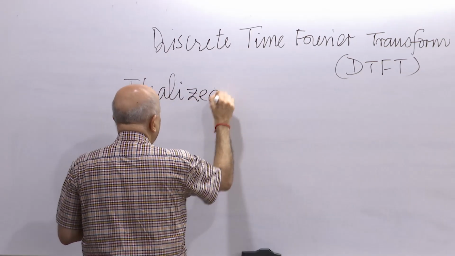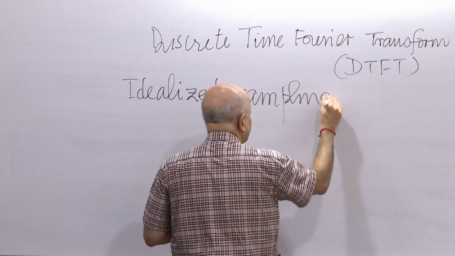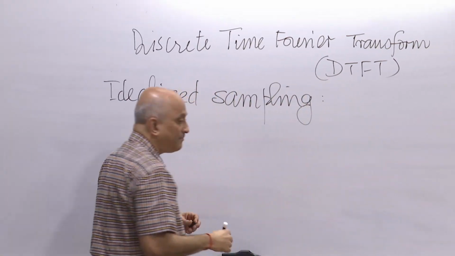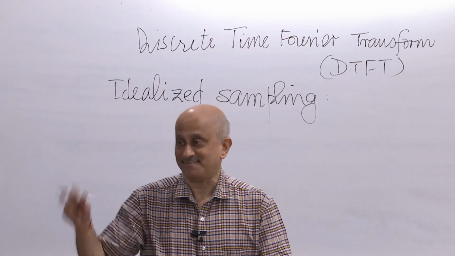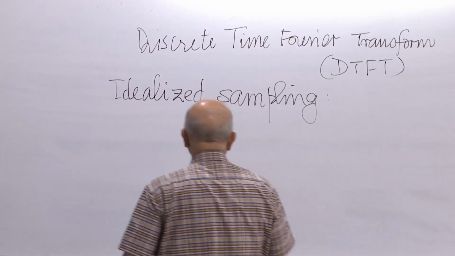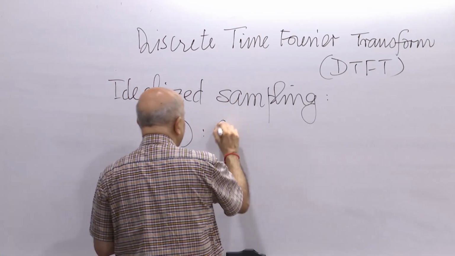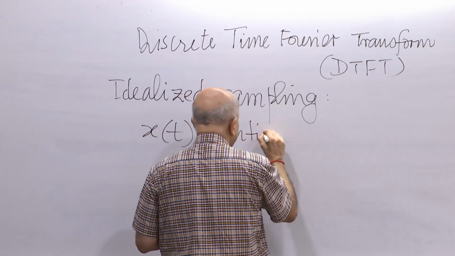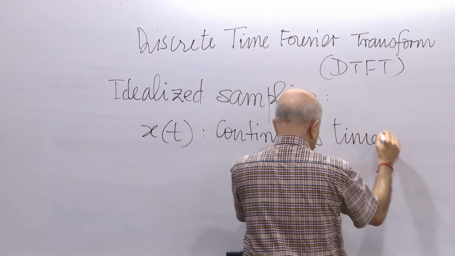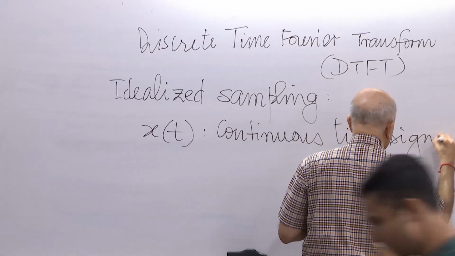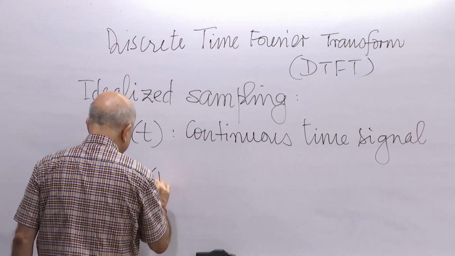Idealized sampling means multiplying the signal with a train of impulses, right? So there's a continuous time signal, x(t). We multiply x(t) with a train of impulses.